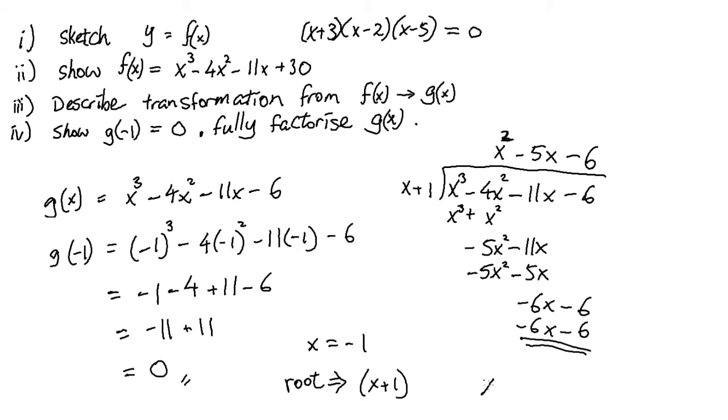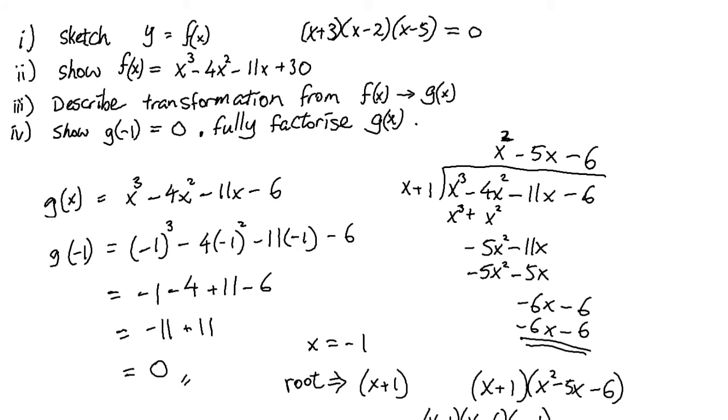You get a partial solution where you have x plus 1 multiplied by the expression x squared minus 5x minus 6, and this part is a quadratic that is easily factorizable, and therefore the solution of the whole question will be x plus 1 multiplied by x minus 6 times x plus 1.